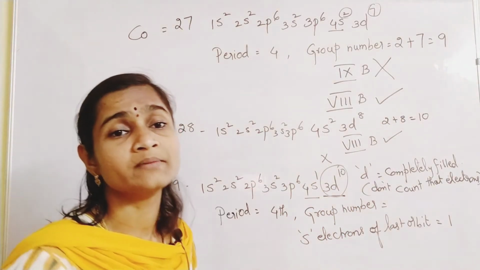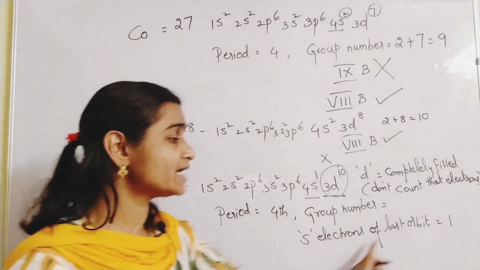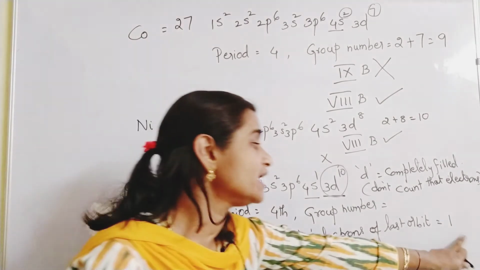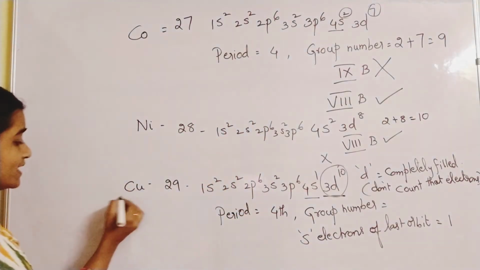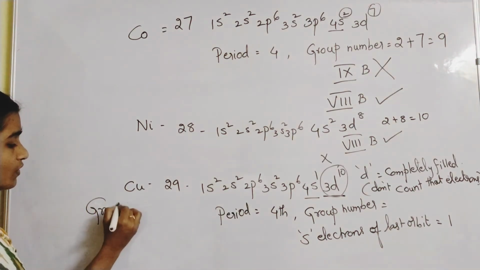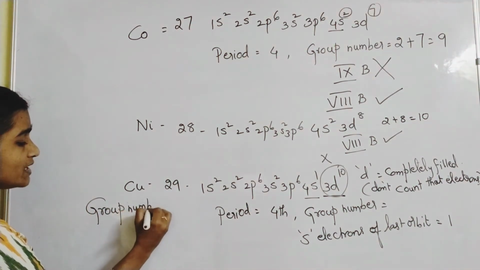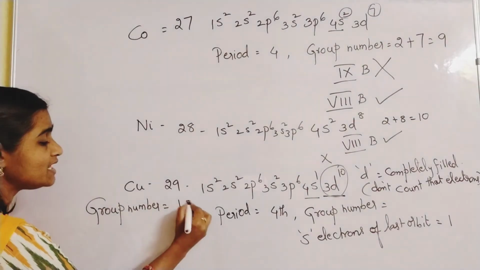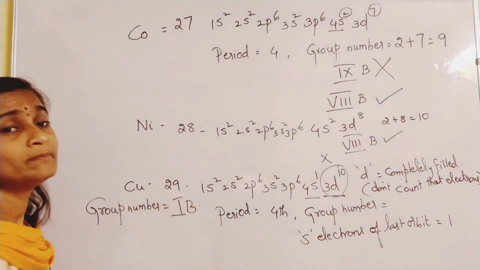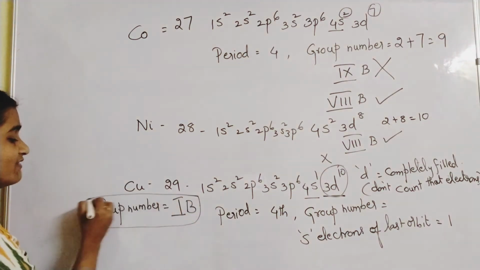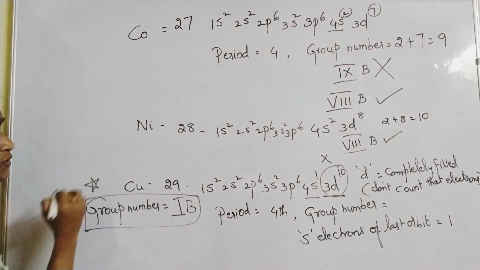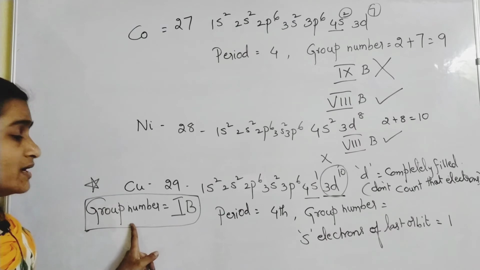So the group number of copper is 1B group. Please remember, this is a very, very important point.